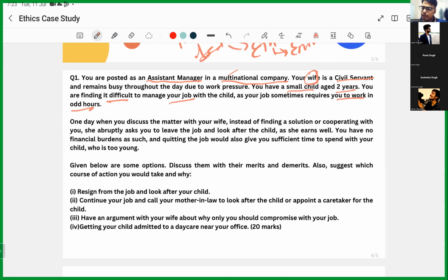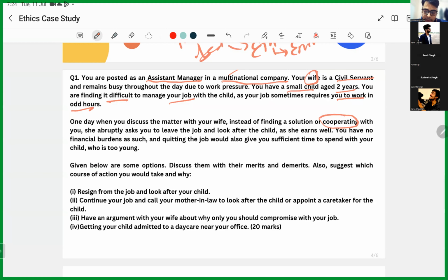Next, one day when you discuss the matter with your wife, instead of finding a solution or cooperating, now look, this word, as I said, sometimes you need not underline, but I encircled it just to show you this word is nothing but an ethical keyword given within the question. Second thing, this is your answer as well, because whatever be the case history, if someone is not cooperating, you cannot eliminate the person. You have to ensure that cooperation should be there.